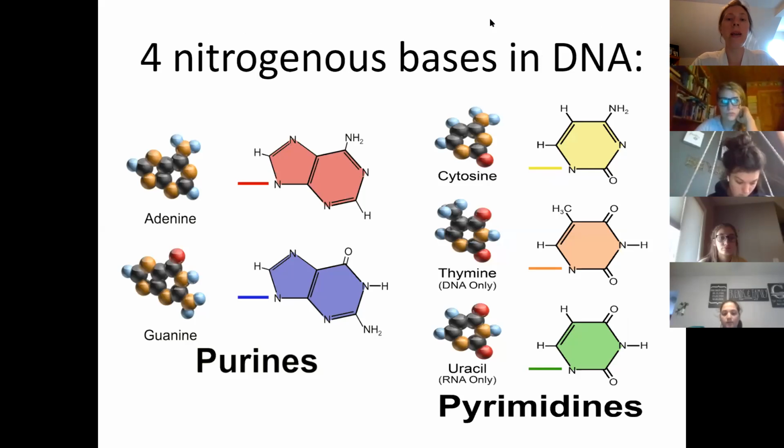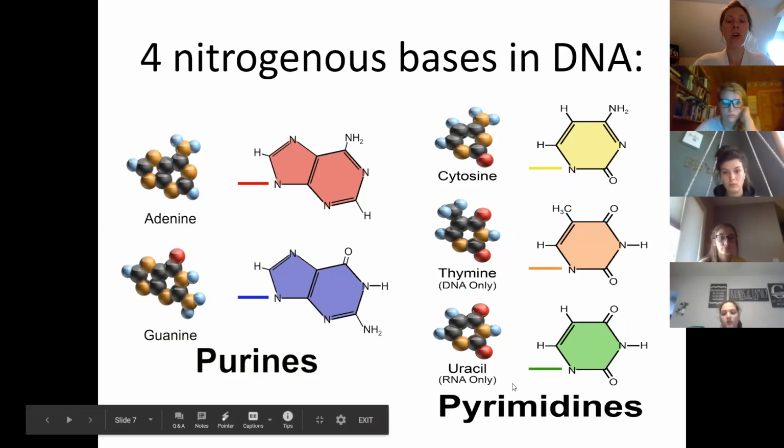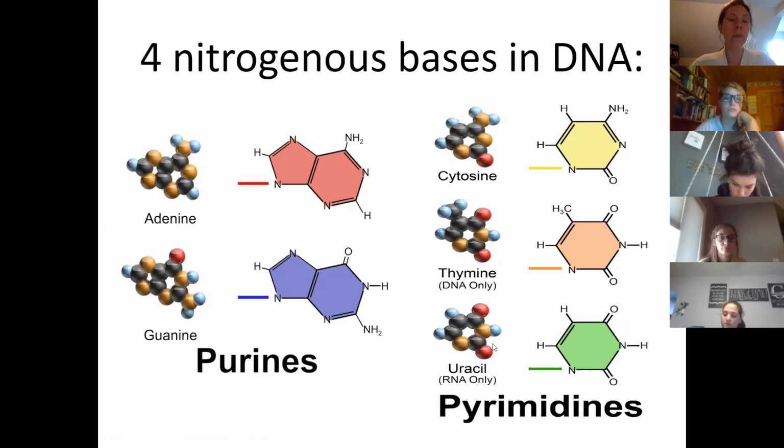So those nitrogen bases that are in the middle and are connecting come in four quote unquote flavors for DNA. You're going to notice that there are five here. This bottom one called uracil is only found in RNA, so I'm mentioning it, but I'm going to ignore it for right now. Those four flavors can be categorized into two categories.